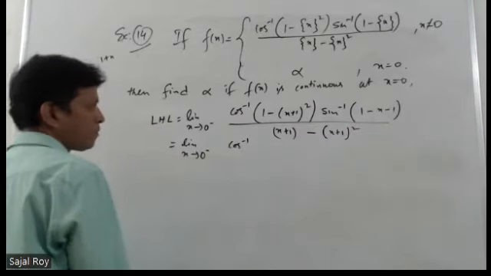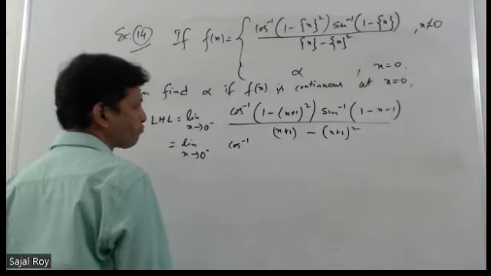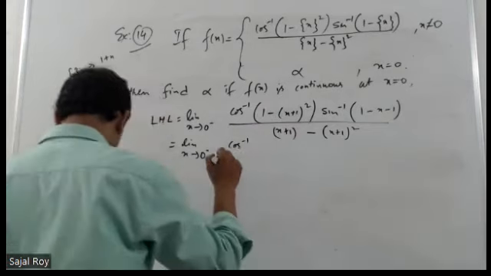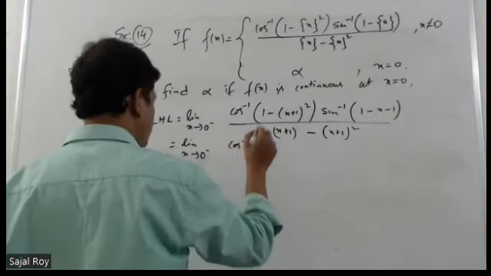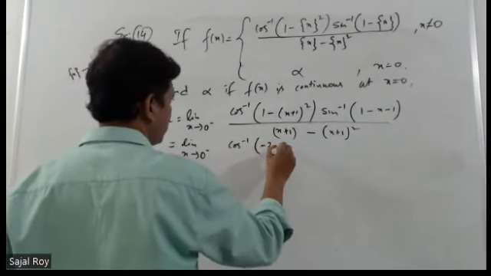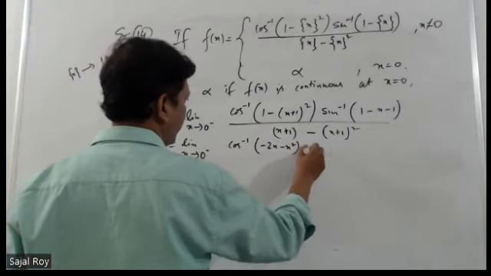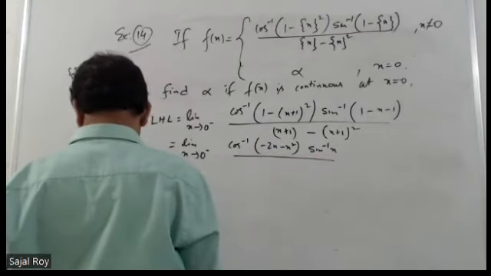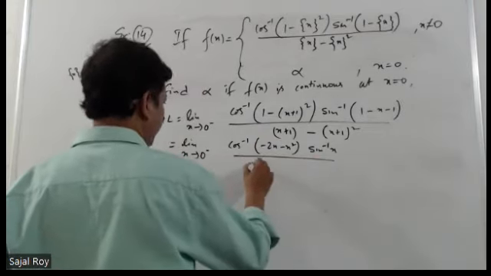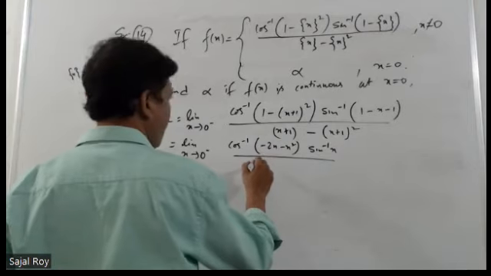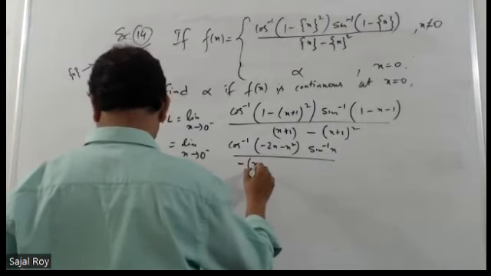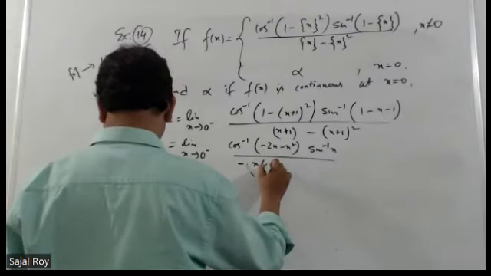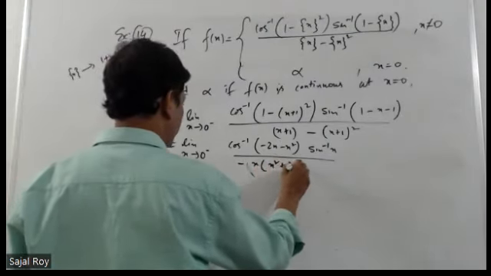Cos inverse. One cancels. What is the result? Minus 2x minus x square. Sin inverse x, and in the denominator you have minus x into (x square plus 3x plus 2).